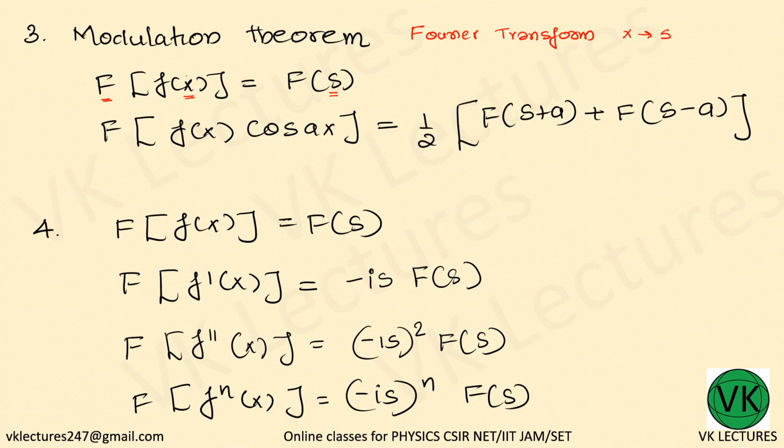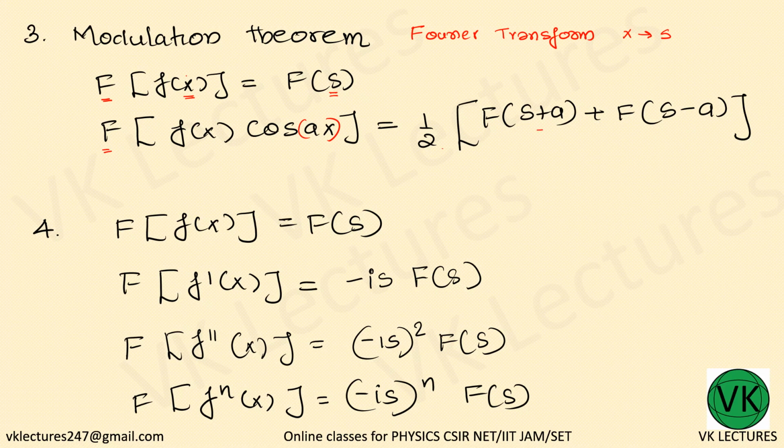Now what does this modulation theorem say? It is based on the Fourier transform of f of x times cos ax. The Fourier transform of f of x into cos ax is half times the function in the s domain, which we have to change to F of s plus a plus F of s minus a.